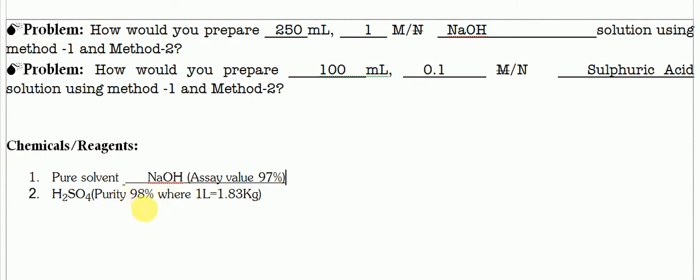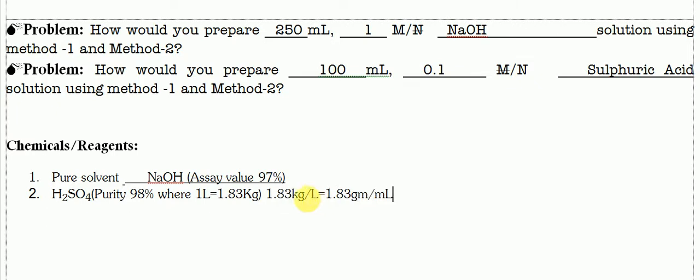It is written on the top of the labeling of the bottle, and where 1 liter is 1.83 kg, it is the density. 1 liter is equal to 1.83 kg. That means 1.83 kg per liter. That means 1.83 gram per ml.